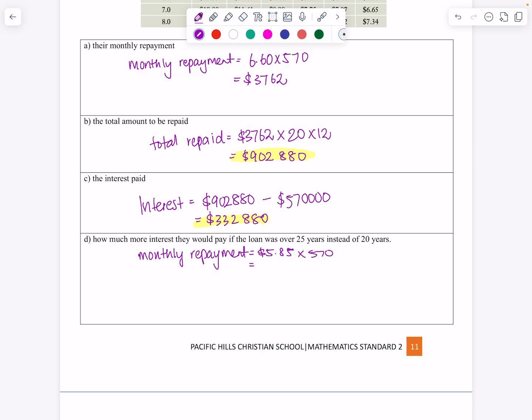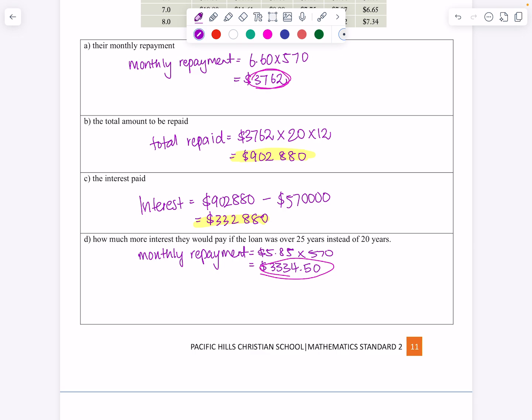So we times that by 570, and then we should get $3,334.50. So already you can see that, of course, we're paying less in terms of the monthly repayment.